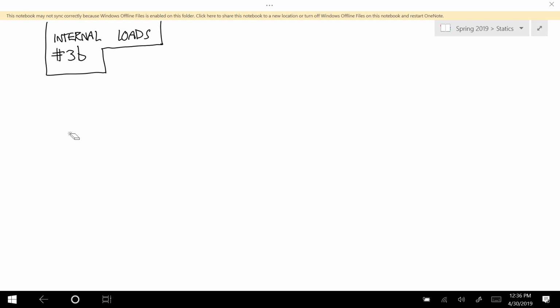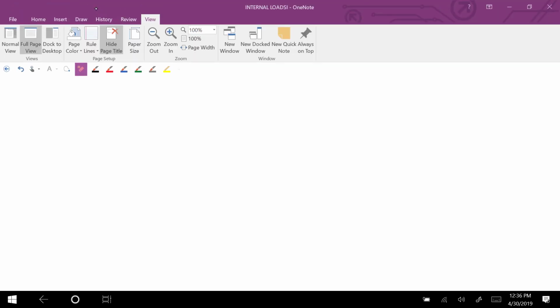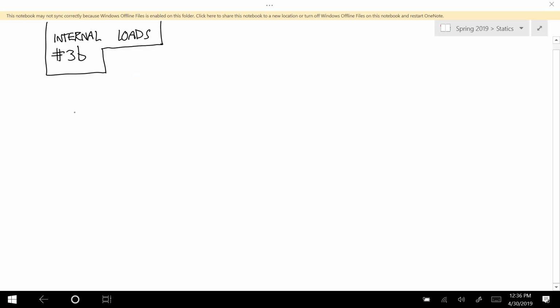Okay, B. So B looks like this. You have a cantilever over here, and a distributed load over the right half.